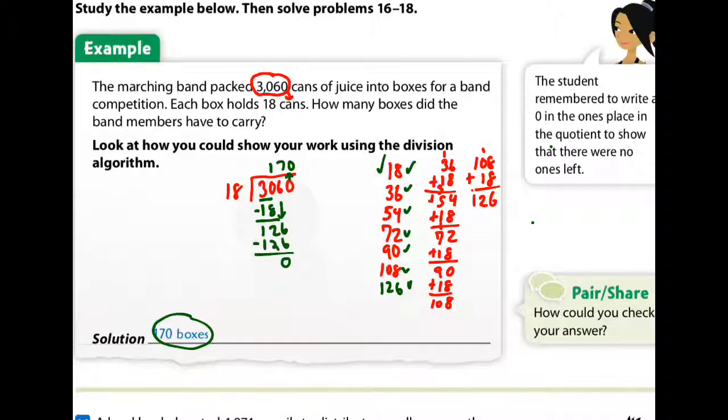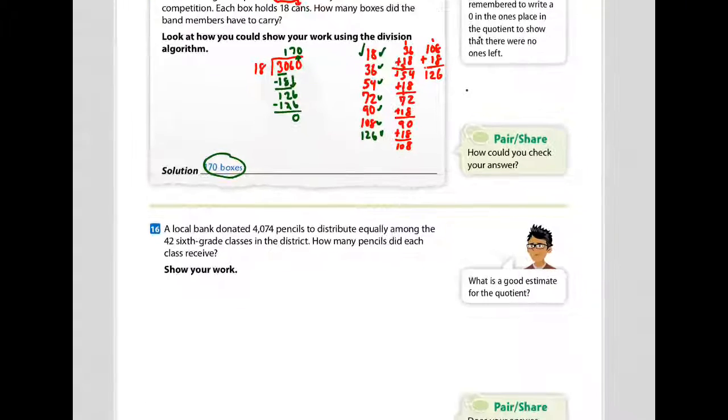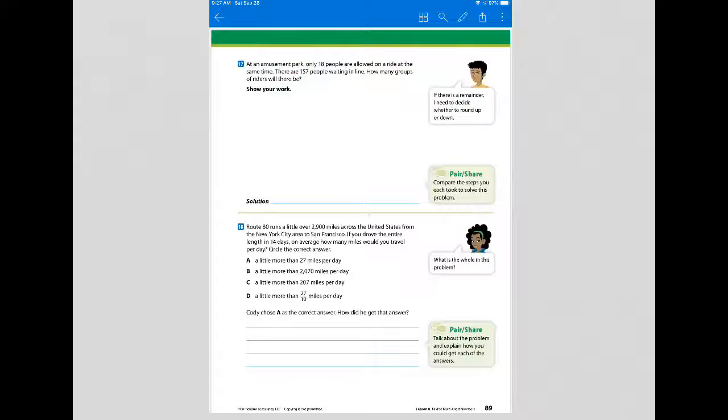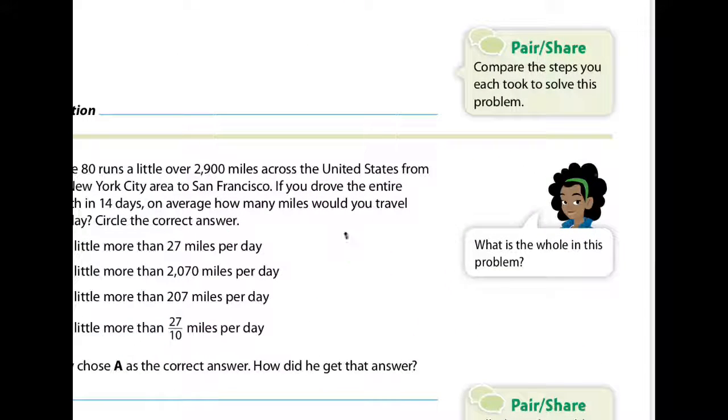All right. So now, here's your job. Your job is to do 16, 17, 18 on your own. When you're done, you'll start the video and go over your answers. Now, you can do them any way you want, but let me look at them. I'll decide what I'm going to do. I think I will do 18 partial quotient.